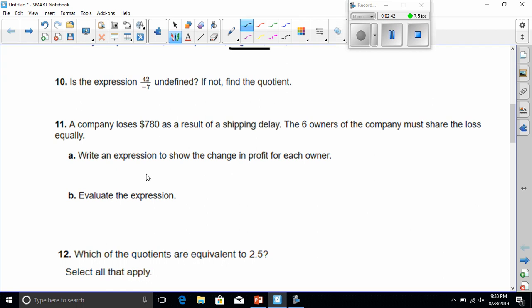That's going to be negative 780 divided by 6. If you didn't want to write it that way, you could have put negative 780 over 6, and I will give you credit for that as well. They do mean the same thing. Now evaluate the expression.